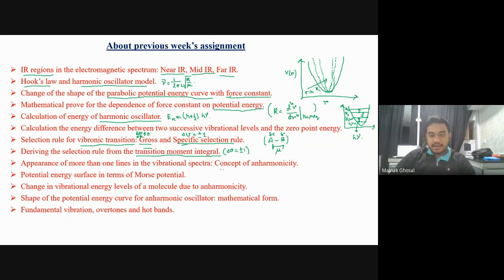Since that is so, there comes anharmonicity, which says that if this is my harmonic oscillator potential, then the anharmonic oscillator is much steeper for values of r less than r equilibrium, but much shallower when r is greater than r equilibrium. Let me draw it with another color, then you will understand it clearly.